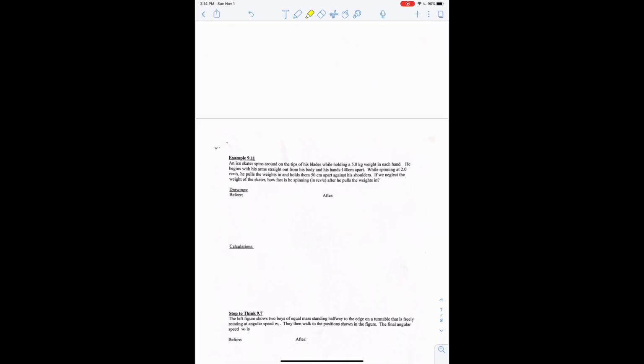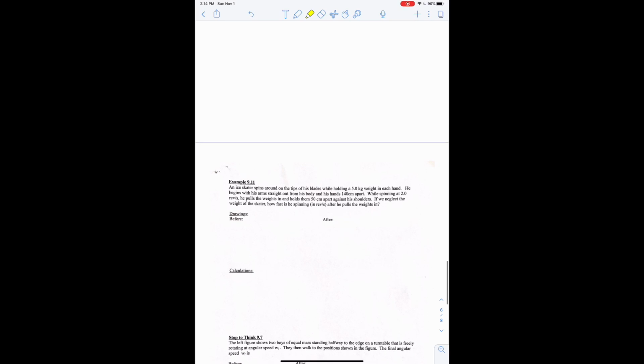Okay, so in this case, I'm going to try and draw this up here. So I have a person. Once again, this is the before drawing. And we have a person holding the weight straight out, and spinning.